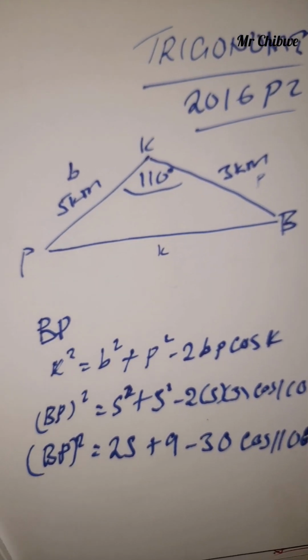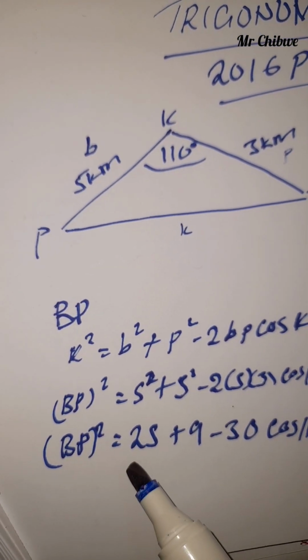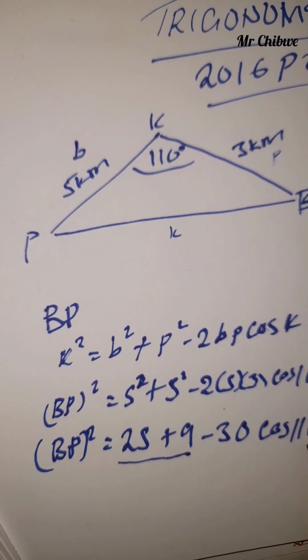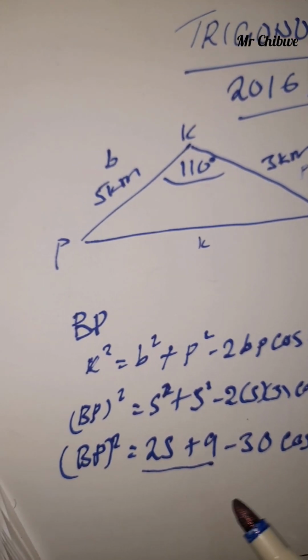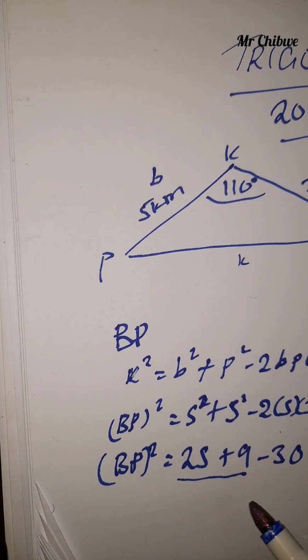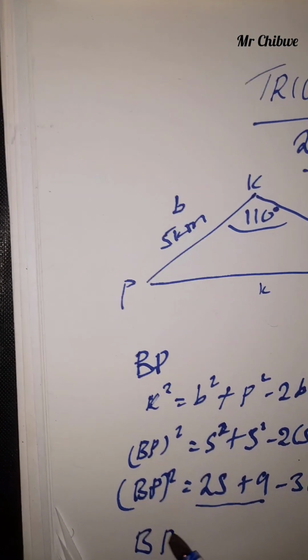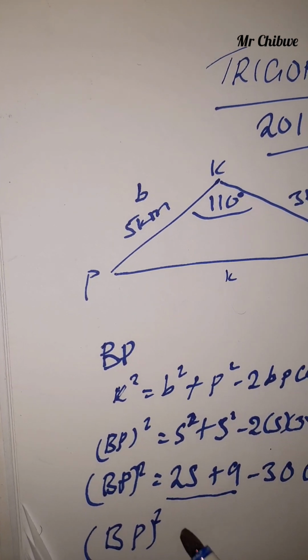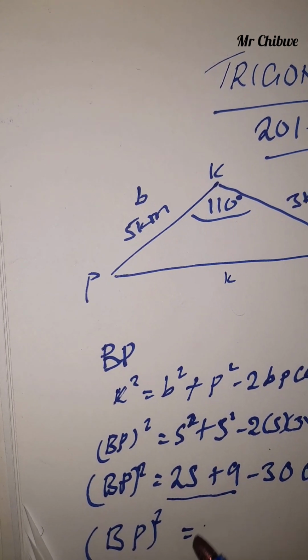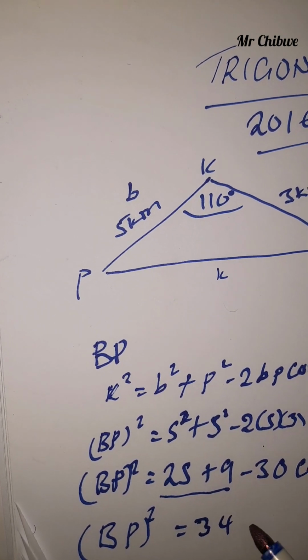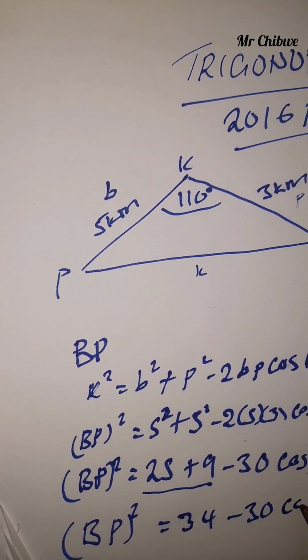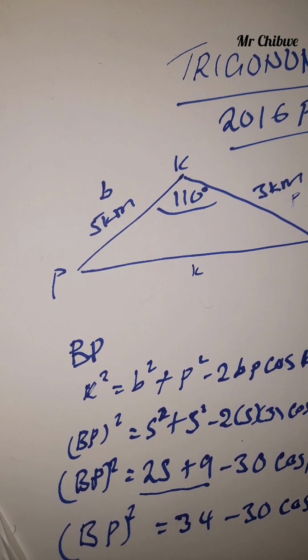Then here we can only add these two. We can't add this because they are like terms. So 25 plus 9 is 34, so BP squared is equal to 34 minus 30 cos 110 degrees.